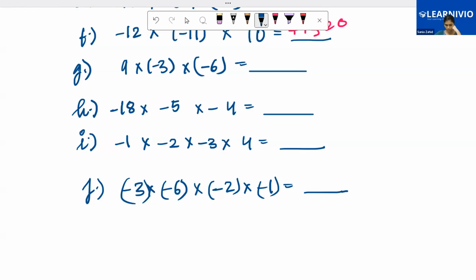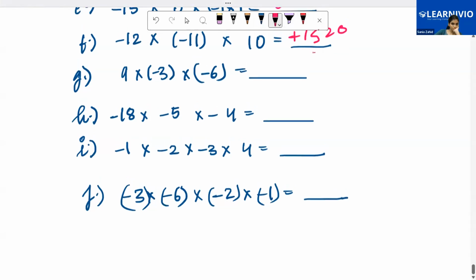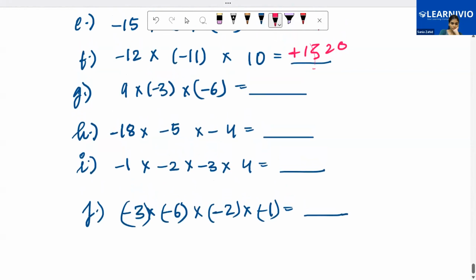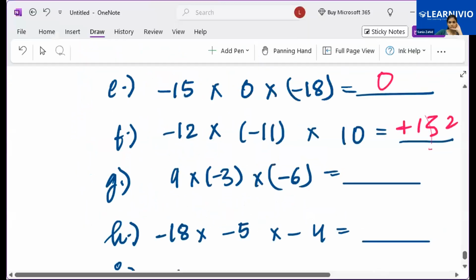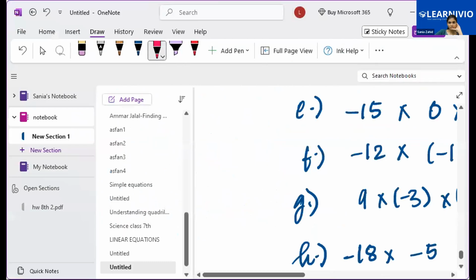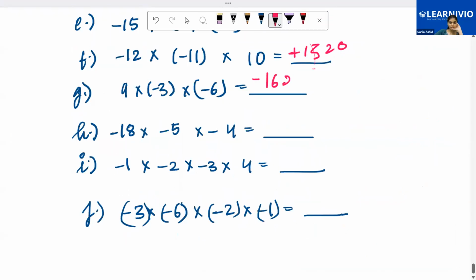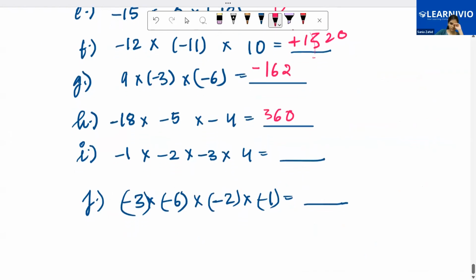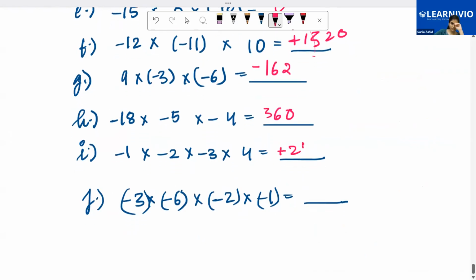I'm finished. Okay, what's the answer? First, G is negative 162. Negative 360. Next is 360. Yes, ma'am. 24. Positive 24.